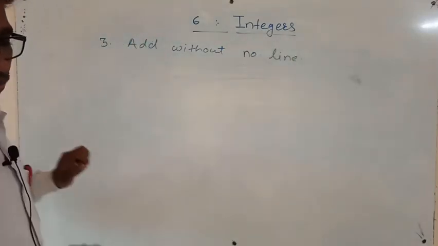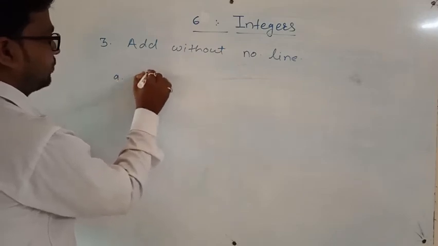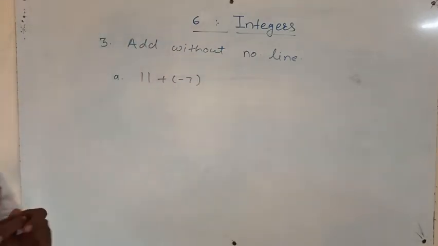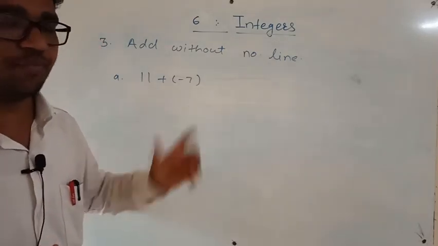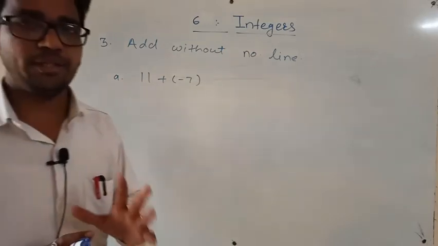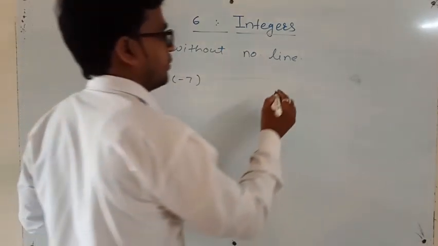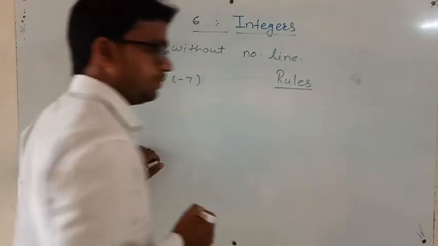The first is 11 plus negative 7. Now how to add the integers? Whenever we add the integers, some rules are there.